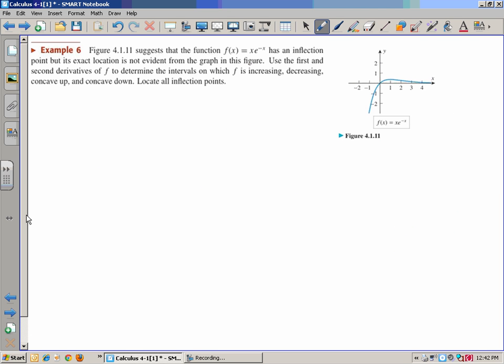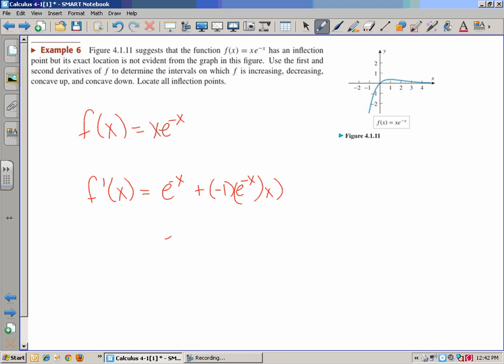Example 6. This one's a little harder. So if you would like to, pause now and try this on your own. First derivative, derivative of the first times the second, plus the derivative of the second times the first. So I'm going to factor out an e to the -x, set it equal to 0. This will never be 0.